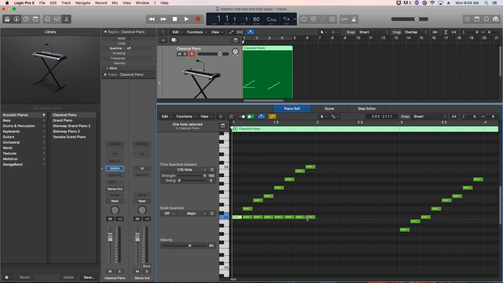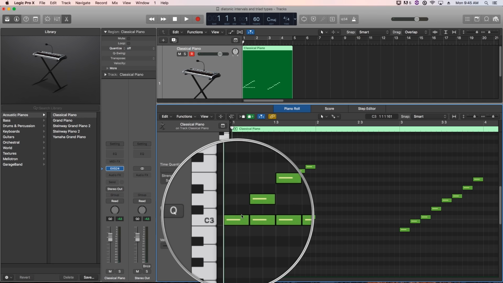A way to think about this, rather than thinking about it vertically, is like this. Here's C. If I go up 1, 2, that's a second. 1, 2, 3, that's a third. 1, 2, 3, 4, 5, that's a fifth. That's where all these are derived from.